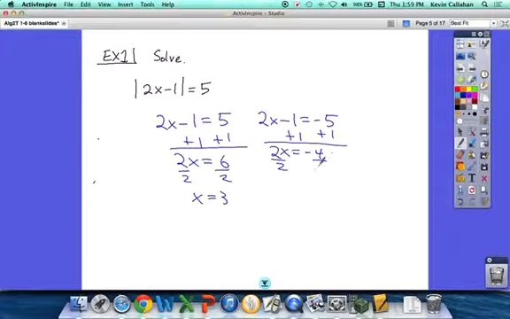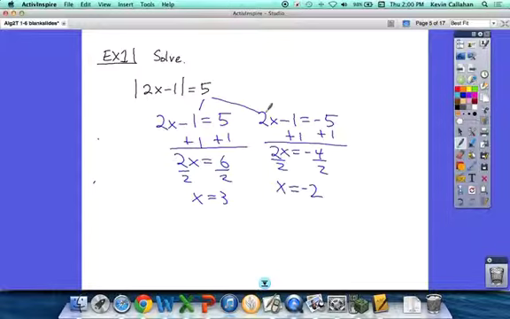Divide by 2. X equals negative 2. So we did something to lose the absolute values. That meant breaking it down into two different equations. We solved both equations. We got two answers. That's what you expect from absolute value equations.